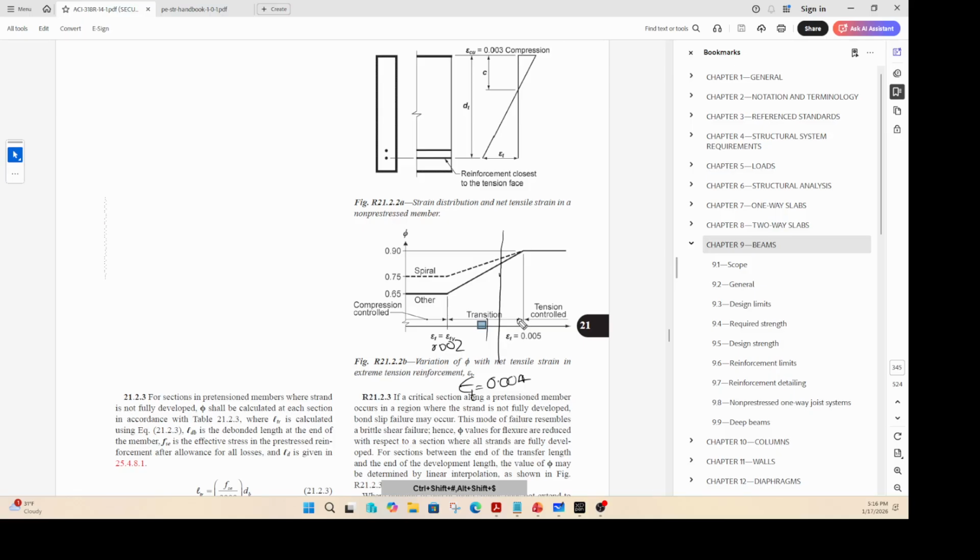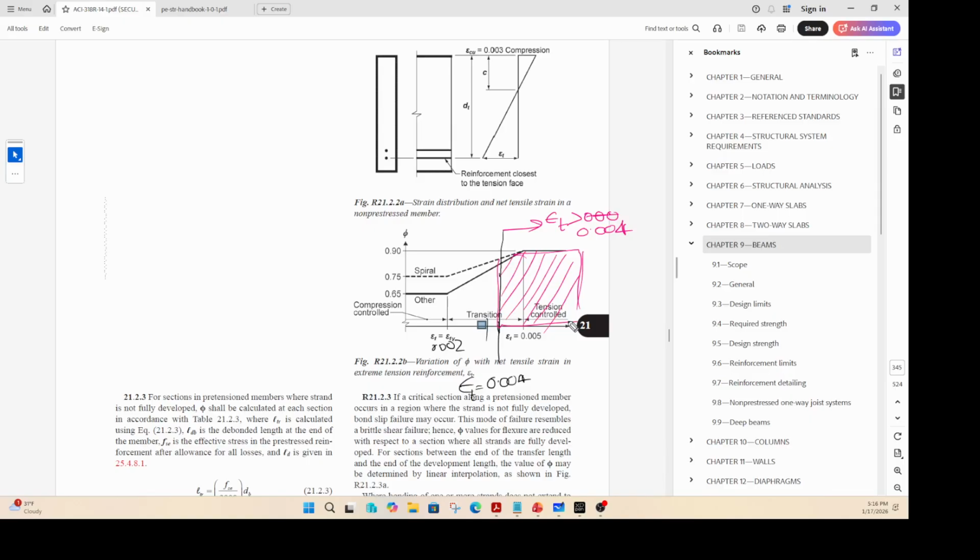So only if your strain in the beam falls to the right of this, that means epsilon t greater than 0.004, that means you are in this region. Only then are you allowed to design and pick up your phi factor.